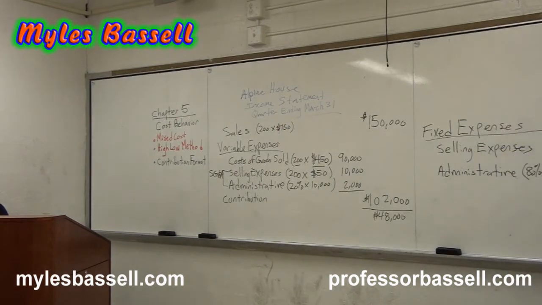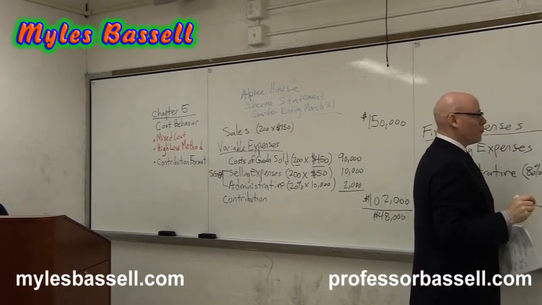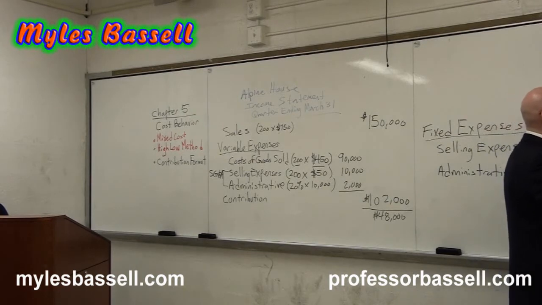Fixed cost plus variable cost equals total cost. So what did they tell us the total selling expenses are? They told us a total cost of 30,000. Yes, 30,000.